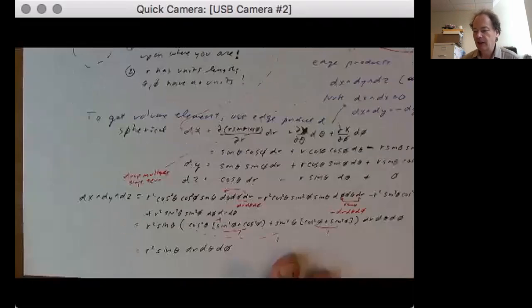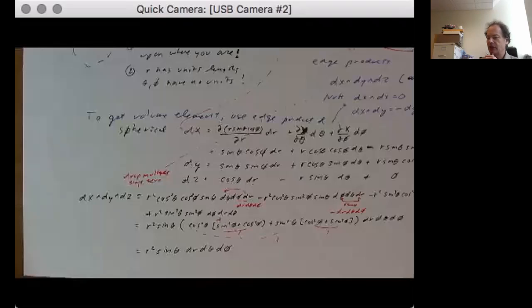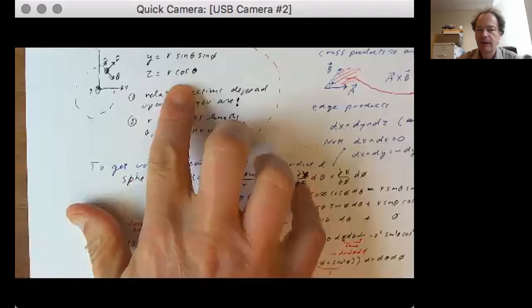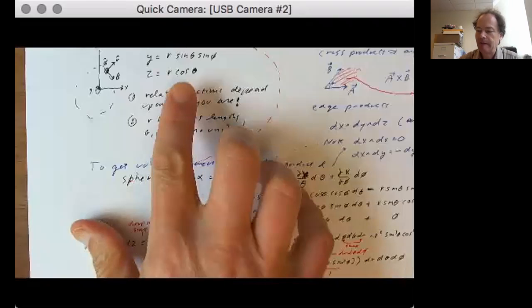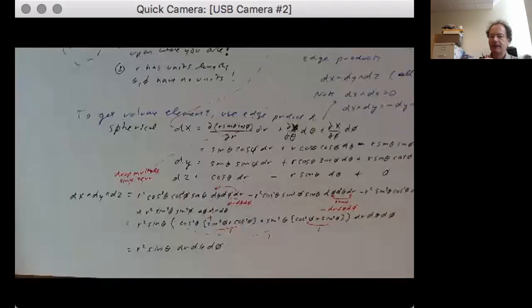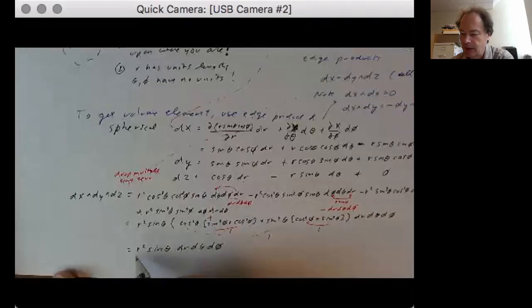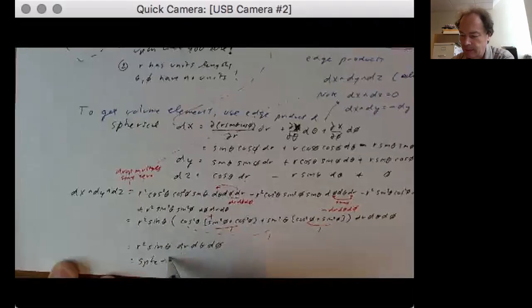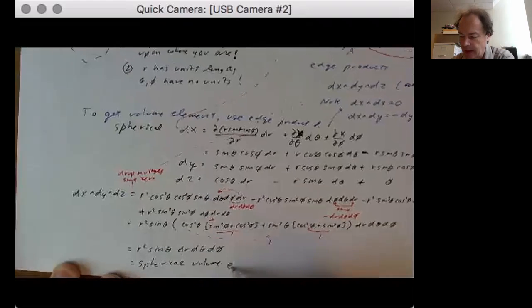So this is a way that you can, using knowledge that you already have, that is to say edge products, like cross products, take the original formulas that you had up here for your x, y, and z, take differentials, turn the crank, find lots of things that are equal to 1, get a simple formula, and this is equal to the spherical volume element.